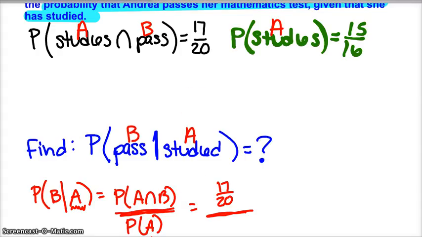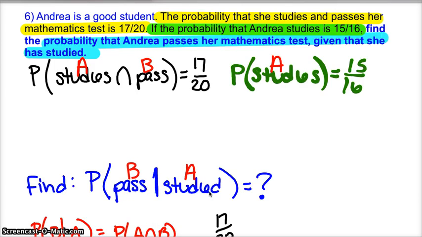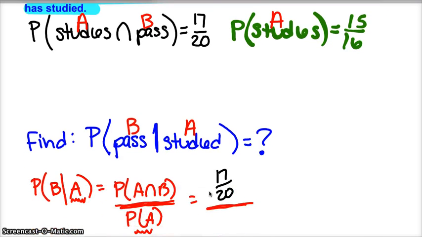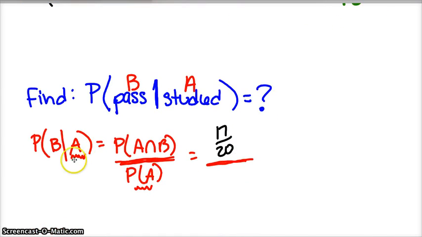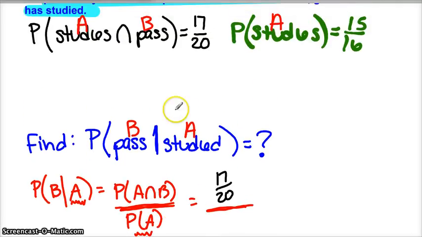So the probability that she passes and studied is this 17 over 20, and I got that from the yellow highlighting in the word problem. Then I need to divide it by the probability of event A, which I have labeled as studying. So I'm going to divide it by 15 over 16.